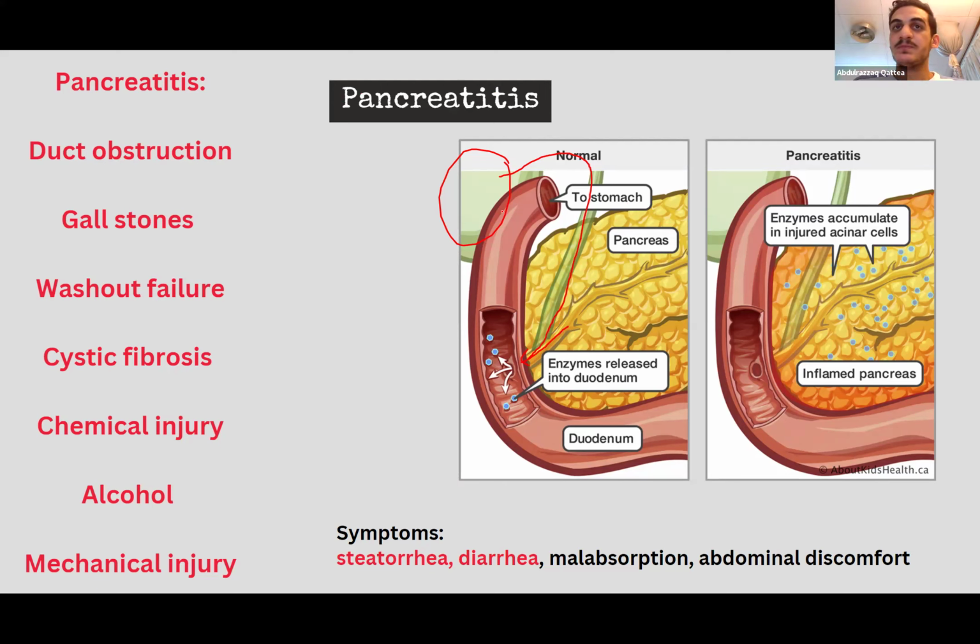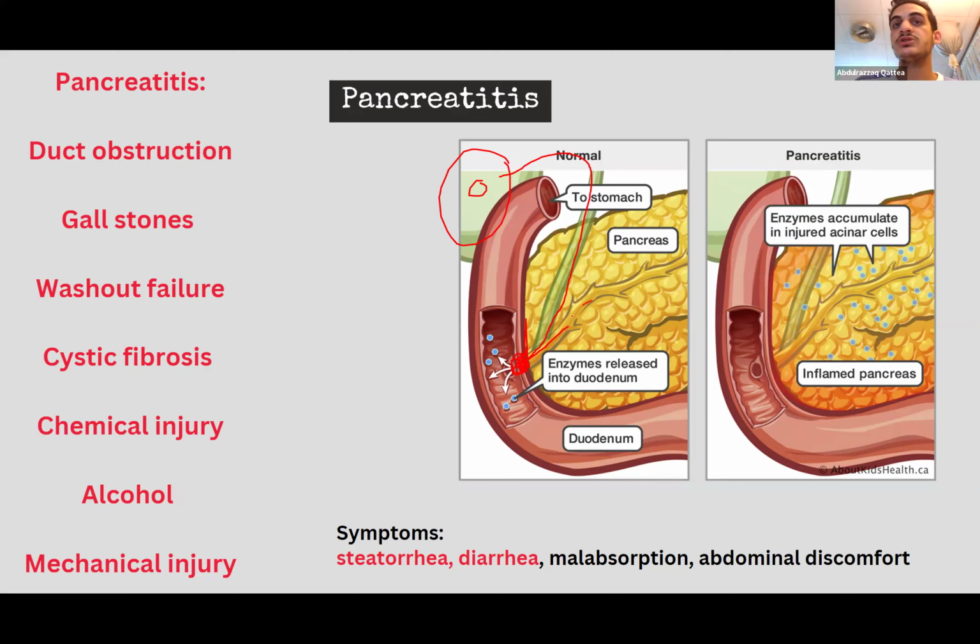The thing is, when there is a stone in the gallbladder, it might get stuck in 3 locations. But the location that I'm concerned with is the ampulla of Vater. So when there is obstruction in this area from a stone from the gallbladder, it will get stuck in the ampulla of Vater, which will cause a retention of the pancreatic enzymes.